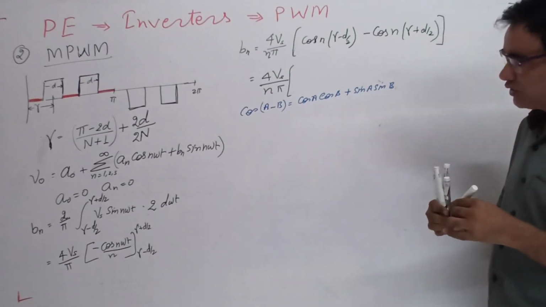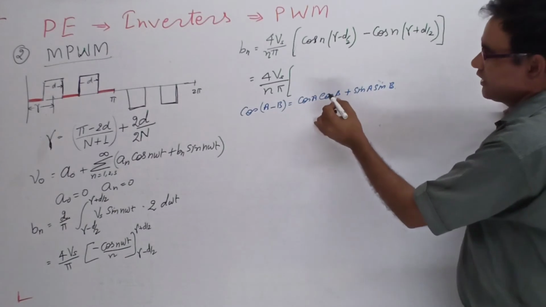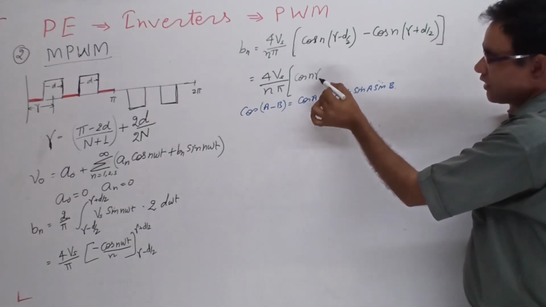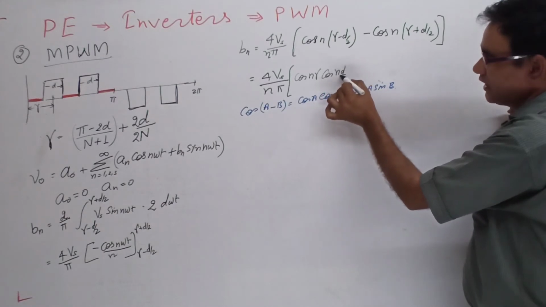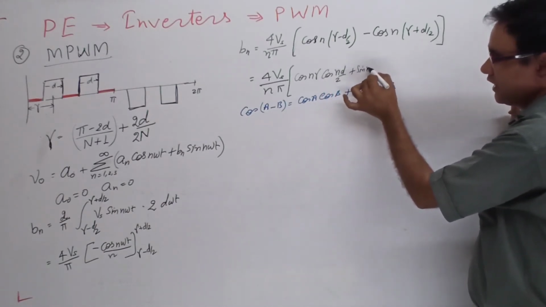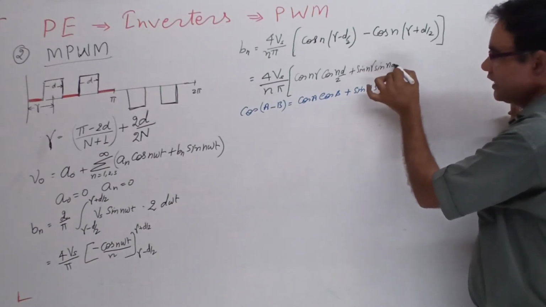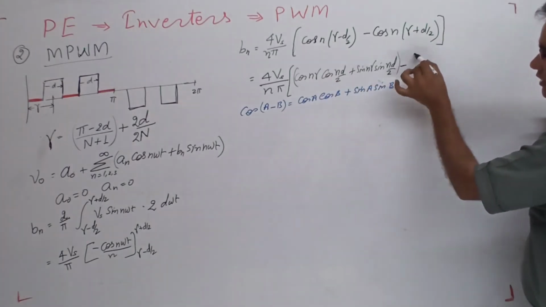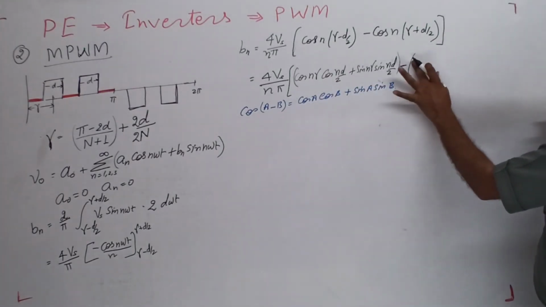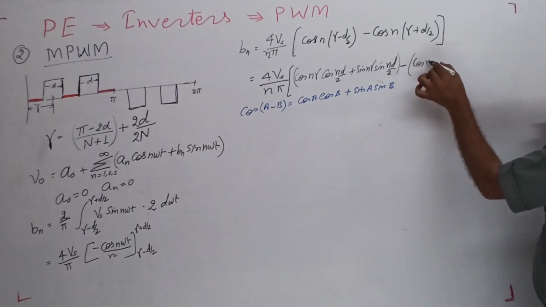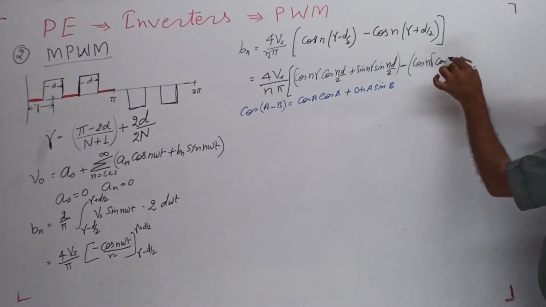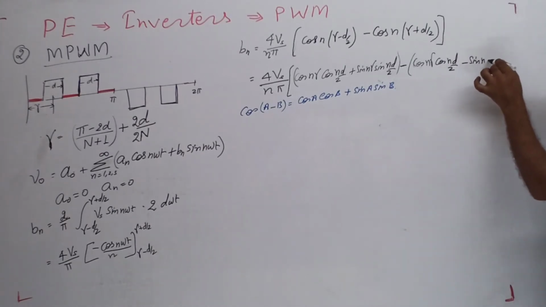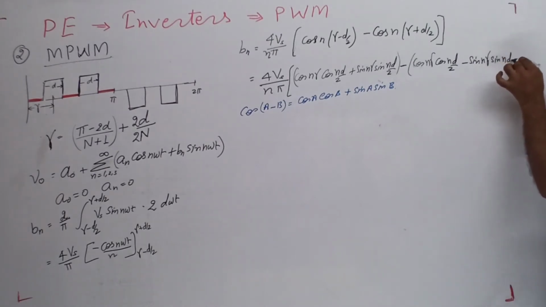As per this formula, let cos A mean cos n gamma: cos n gamma cos n d by 2 plus sin n gamma sin n d by 2, minus, this is for the first part, minus cos n gamma cos n d by 2 minus sin n gamma sin n d by 2.